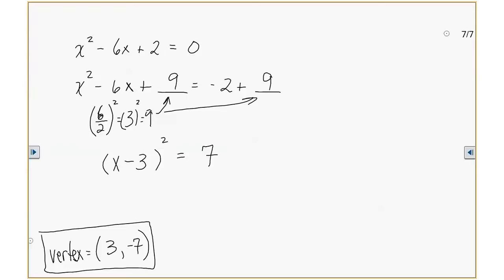All right, now solve it for x. Also, we need to write it in intercept form, so I'll do that for you also. f of x is equal to x minus 3 quantity squared minus 7. Now solve it for x.